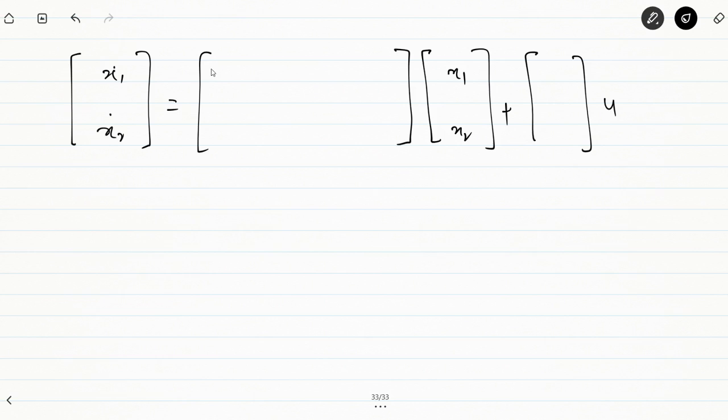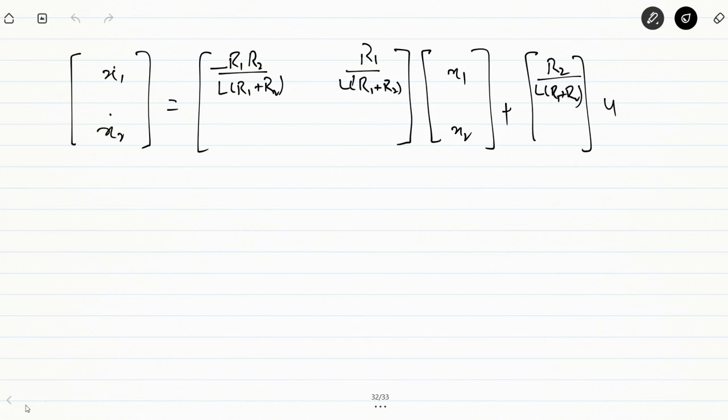Once you check the coefficients, you find out that this will be minus R1 by R2 L R1 plus R2 times x1, R1 by L R1 plus R2, plus R2 by L times R1 plus R2 u.